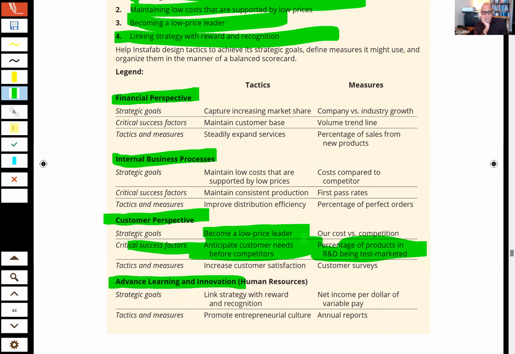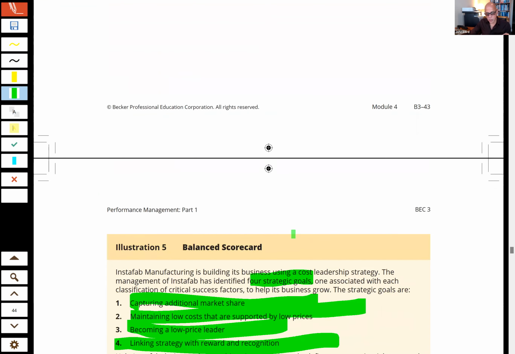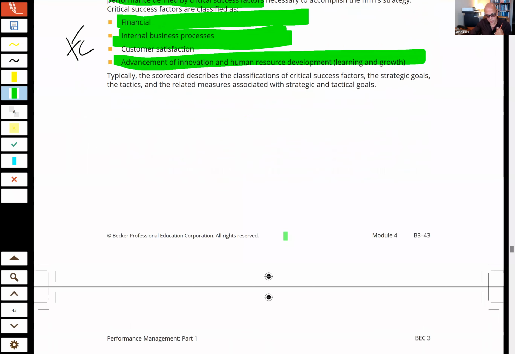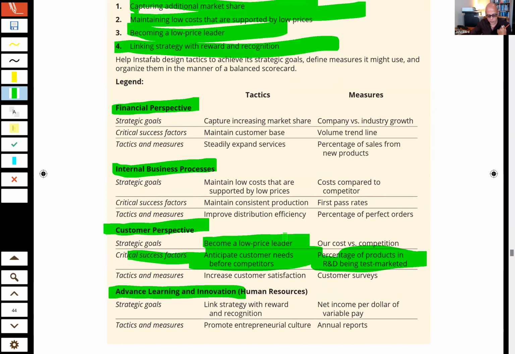The point is, the flashcard on the previous page is that when you are coming up with a balanced scorecard, these different critical success factors would be grouped into financial, internal business processes, customer satisfaction, advancement, and innovation. I'm not sure that the rest of this table is the best example Becker's ever come up with.